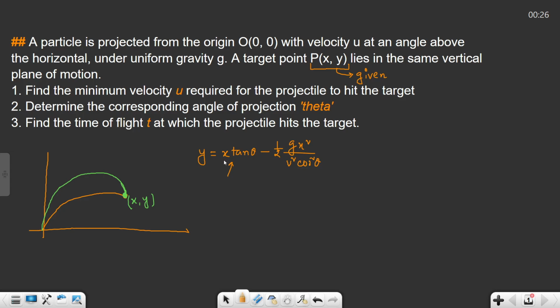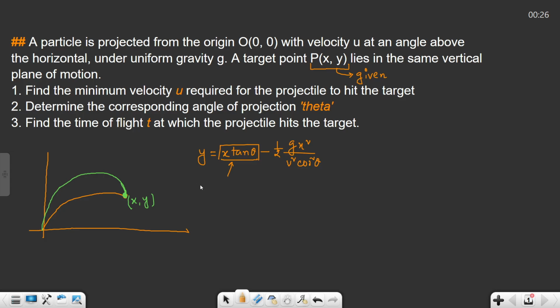We make a quadratic equation of tan theta, because for theta belonging to R, we get tan theta also belonging to R. So if theta is real, tan theta will also be real. So we are going to apply the condition of real tan theta value in this equation.